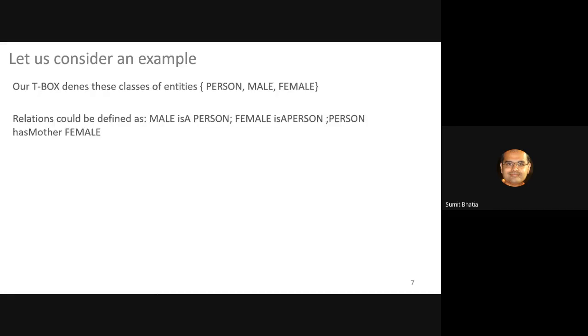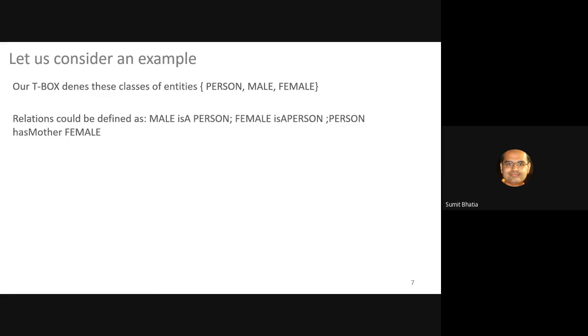So let's say we have a T box that denotes three classes of entities: a person, a male, and a female. It says that in our knowledge graph, all the nodes will be of type person, male, or female. The T box also defines certain types of relationships. Any entity of type male is also a person.